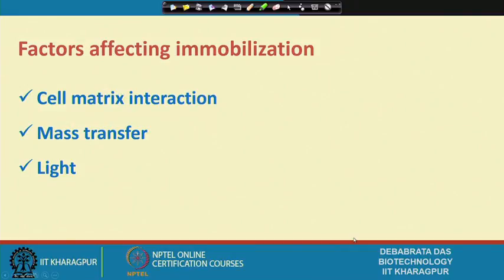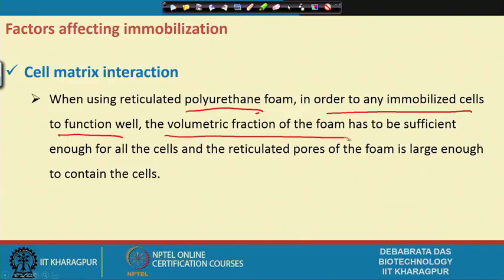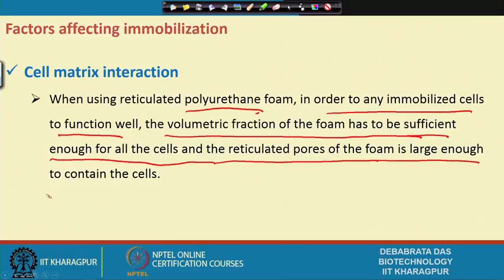Now, there are several factors that affect the immobilization technique: cell matrix interaction, mass transfer and light. These are the different factors that influence this process. If you look at cell matrix interaction, when using reticulated polyurethane foam, which we know is largely used for insulation purposes, the volumetric fraction of the foam has to be sufficient, and the reticulated pores of the foam must be large enough to contain the cells.